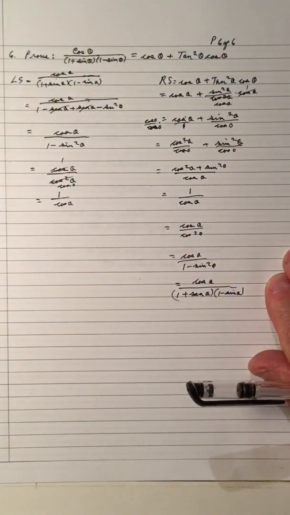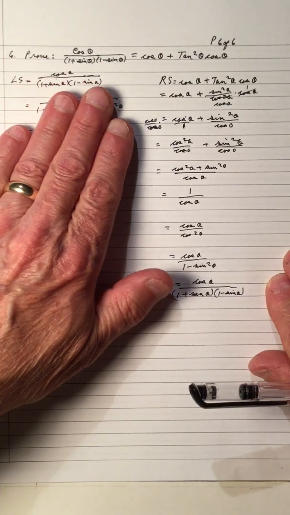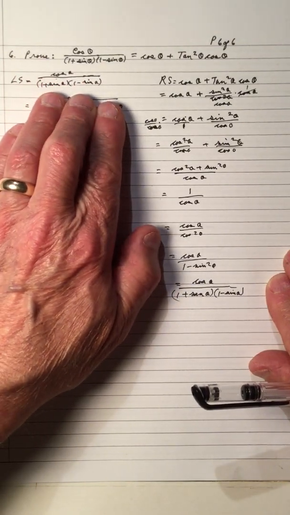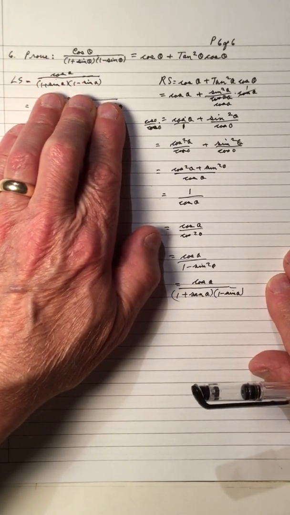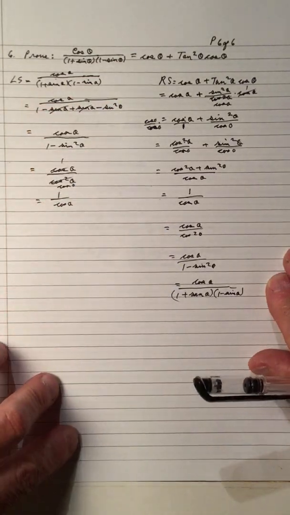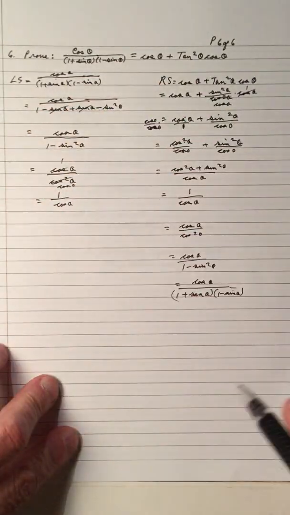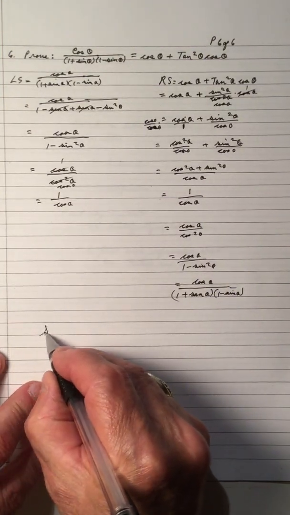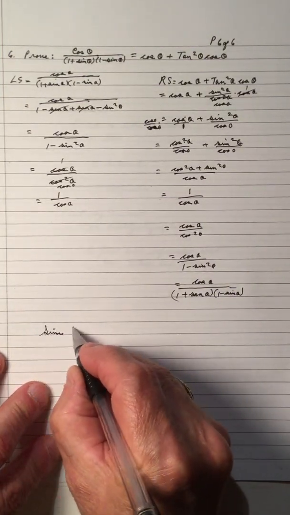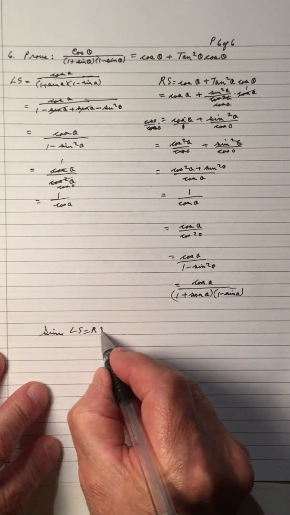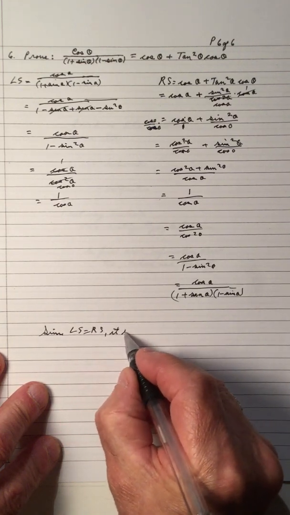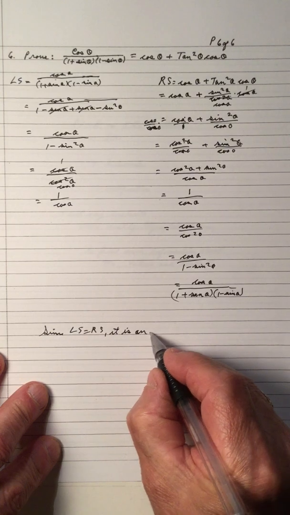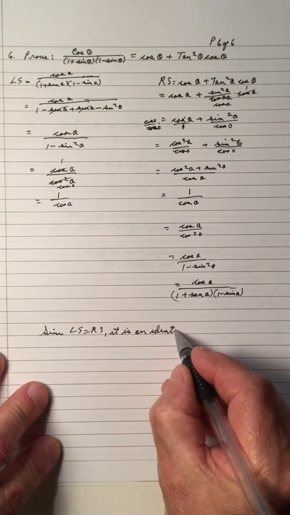Now pretend that's what I did on my extra sheet of paper. Nobody's seen it, and now I just reverse the steps from my sheet of paper. Hopefully you see what I'm talking about. Since the left side equals the right side, it is an identity.